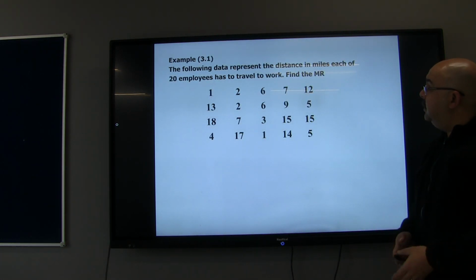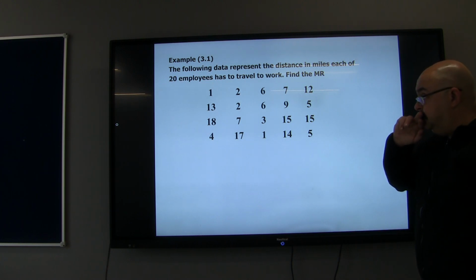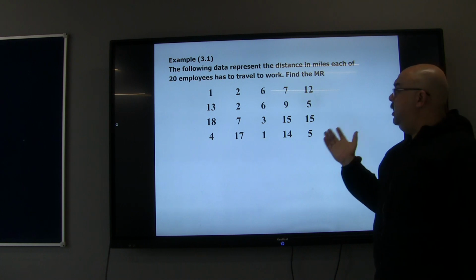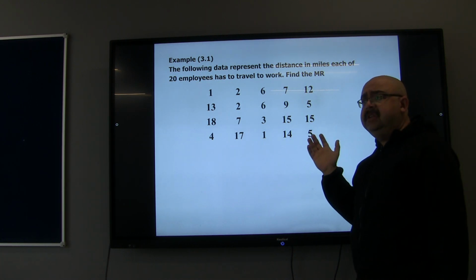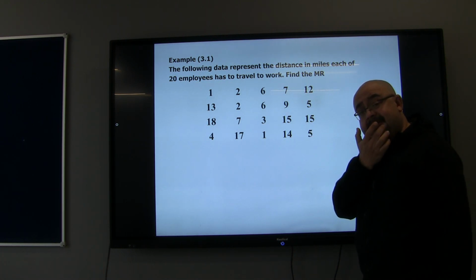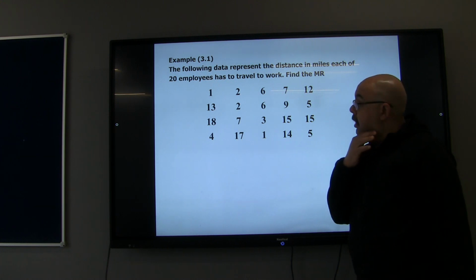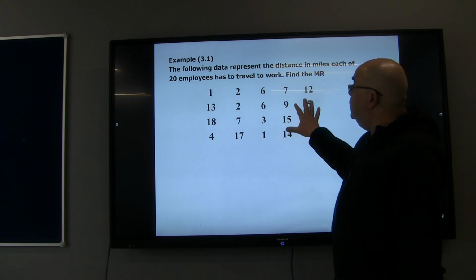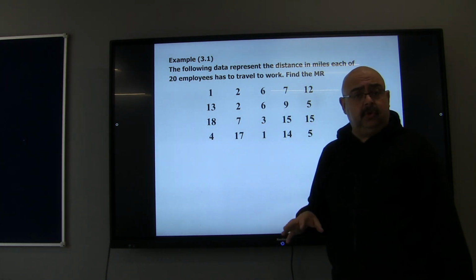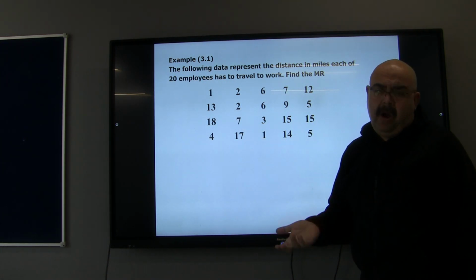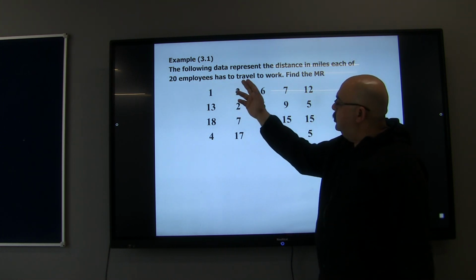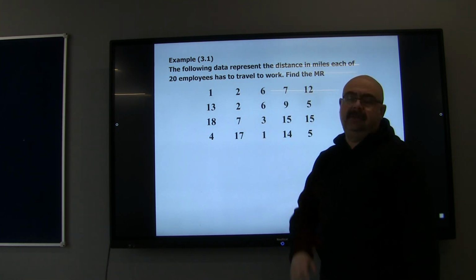For example, for this example that we went through previously, you have 20 employees. These are the distances that they drive in miles to their work every day. We collected these data from 20 employees. Each one of them answered the question, how many miles do you drive from your home to your work? 1, 2, 6, 7, and so on, as you can see.